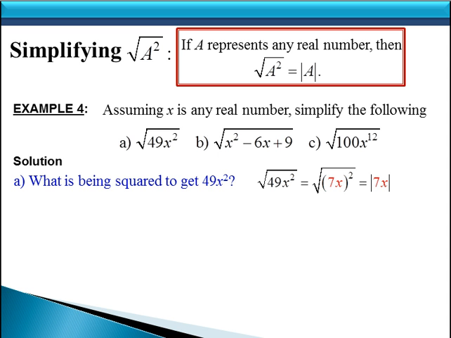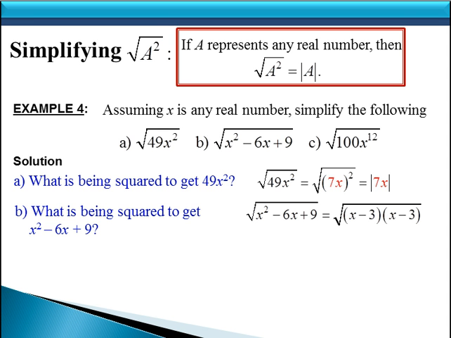Okay, let's look at our second example. So we want to know what is being squared to get the radicand, which is x squared minus 6x plus 9. We're trying to figure out what our a is, so we can use the rule up here in the box. Well, for this one, it's a trinomial, so we would factor it. And if you factor that expression, you should get x minus 3 times x minus 3, which is x minus 3 times itself, so we could rewrite that as x minus 3 squared.